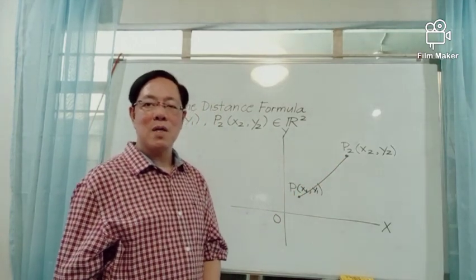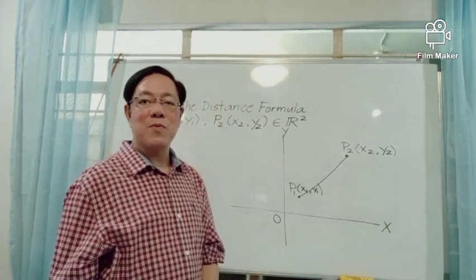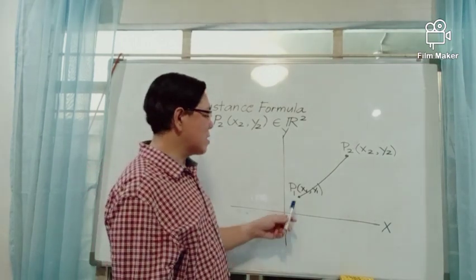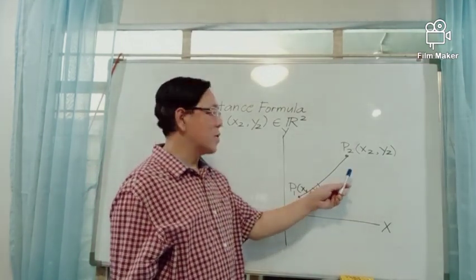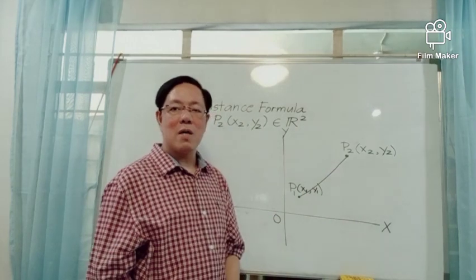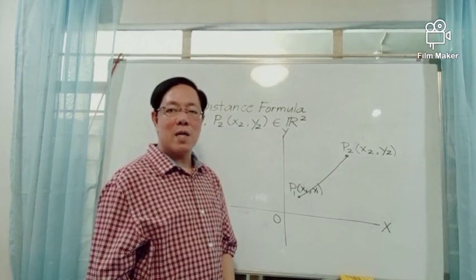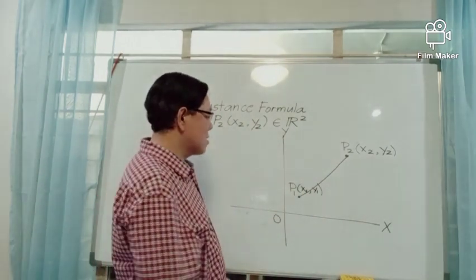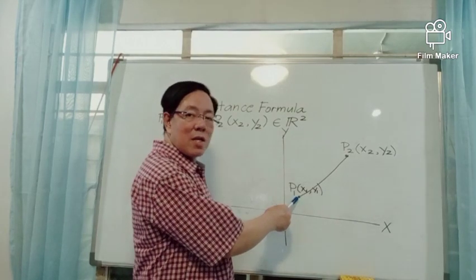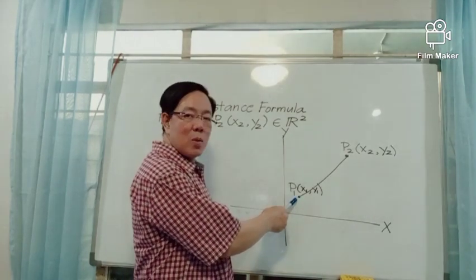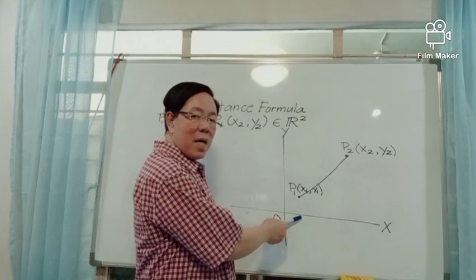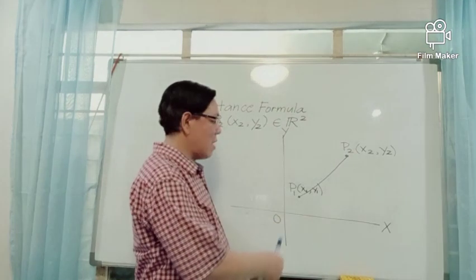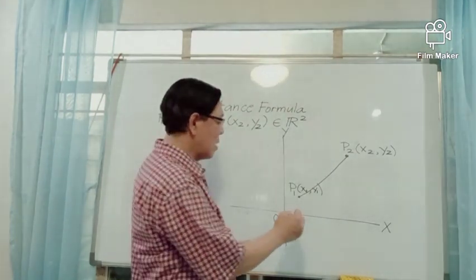To derive the distance formula that will give the distance between P1 and P2, we will construct a right triangle by constructing a horizontal line that will pass through P1 and is parallel with the x-axis. We do that.